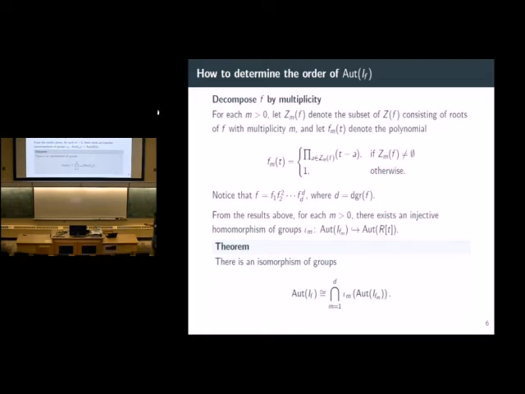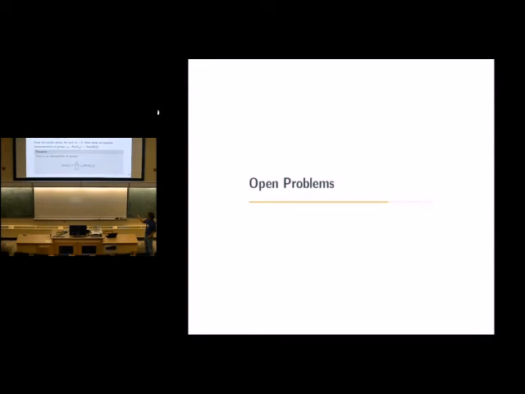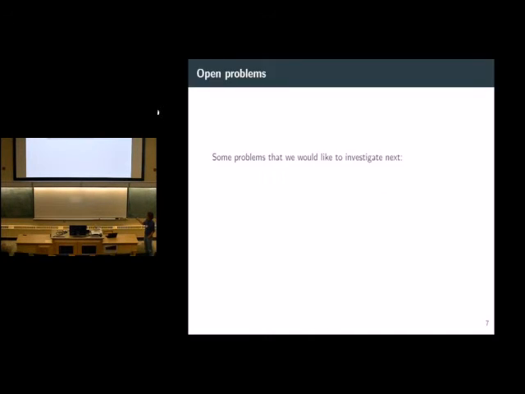But then, instead of answering our questions, this result gave us more problems. Some of the things that we would like to investigate next are, first, we'd like to see what happens when the characteristic of R divides the degree of f.